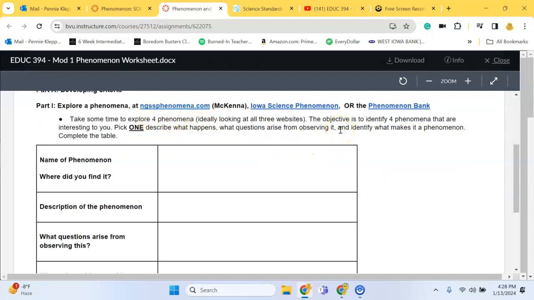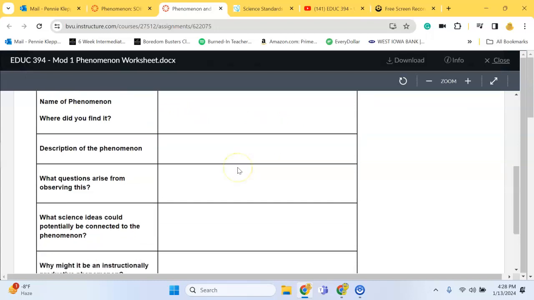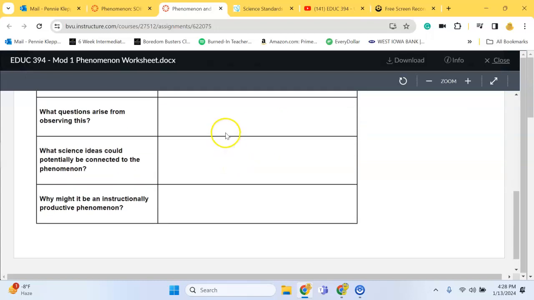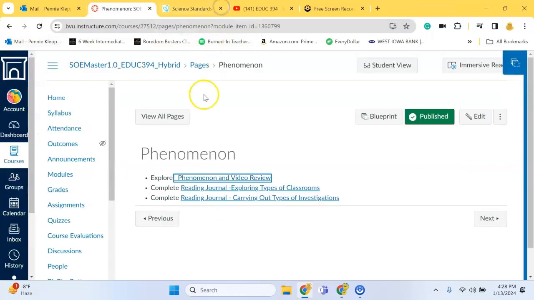And then from those four specific ones, you just want to pick one and describe what happens right down here. Just put your phenomenon name, tell me where you found it, describe your phenomenon, and what questions would arise, some scientific ideas, and why this would be a good phenomenon to have.